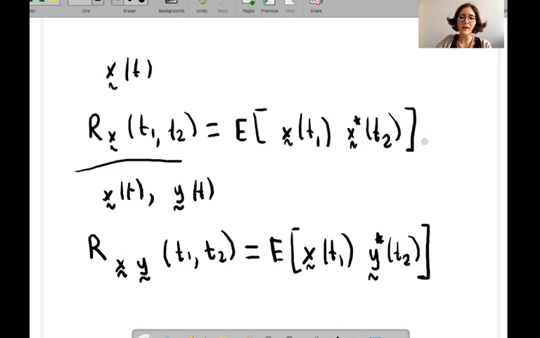This is the direct extension of the autocorrelation function for a single random process to two random processes. So Rx of t1, t2 is called the autocorrelation function of x, and Rxy of t1, t2 is called the cross-correlation function of the random processes x and y.